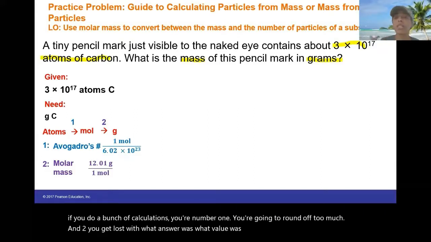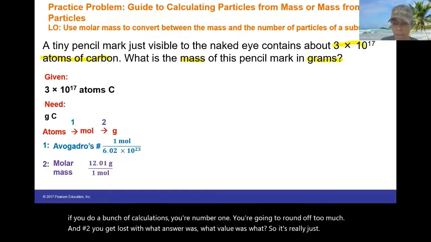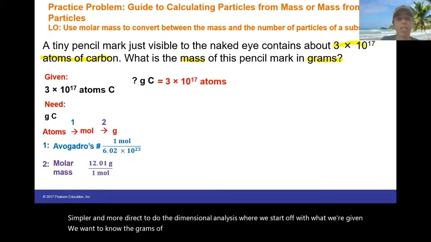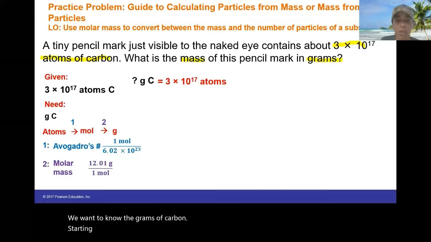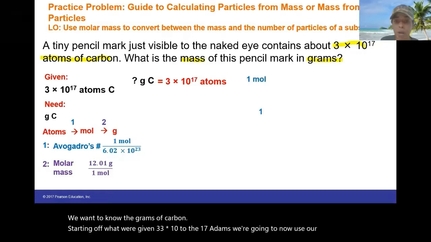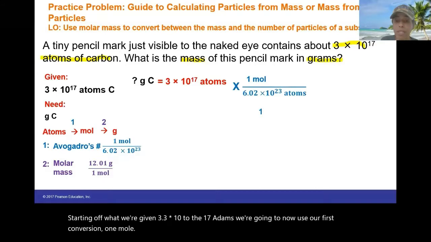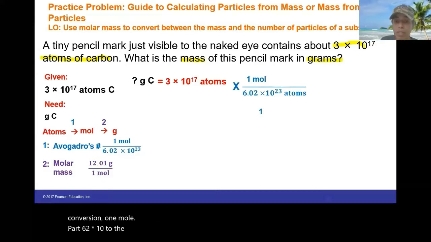So it's really just simpler and more direct to do the dimensional analysis, where we start off with what we're given. We want to know the grams of carbon. Starting off with what we're given, 3.3 × 10⁻17 atoms, we're going to now use our first conversion, 1 mole per 6.02 × 10⁻23 atoms.